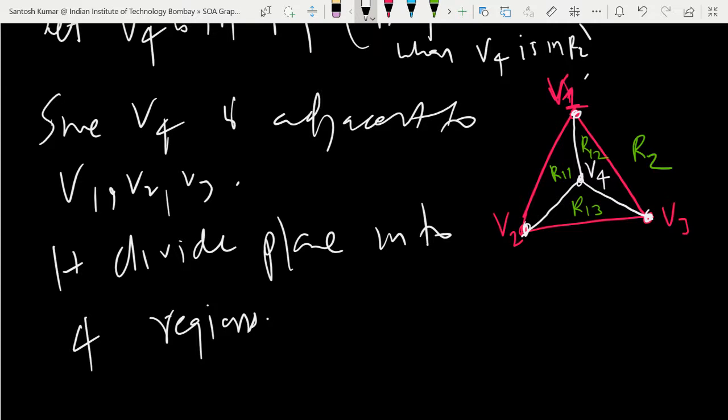The regions are R11, R12, R13, and R2. If you have taken V4 in R2, then no problem. You will have R1, R21, R22, R23. Again, you will see four parts.